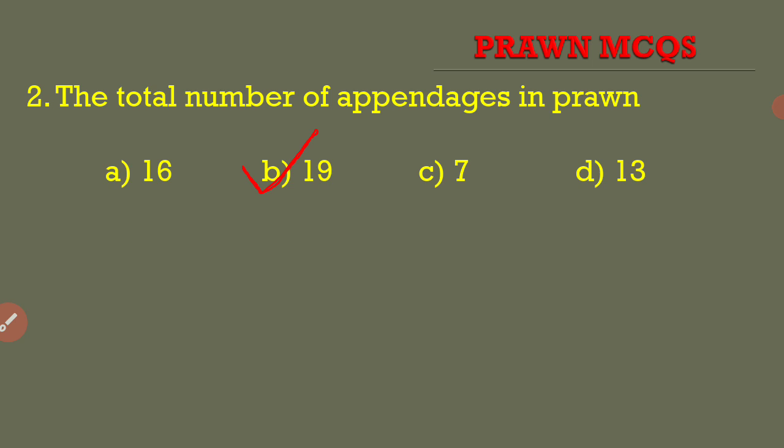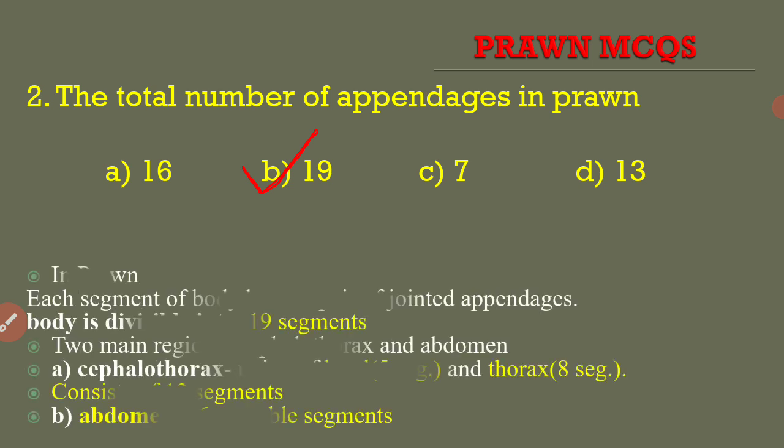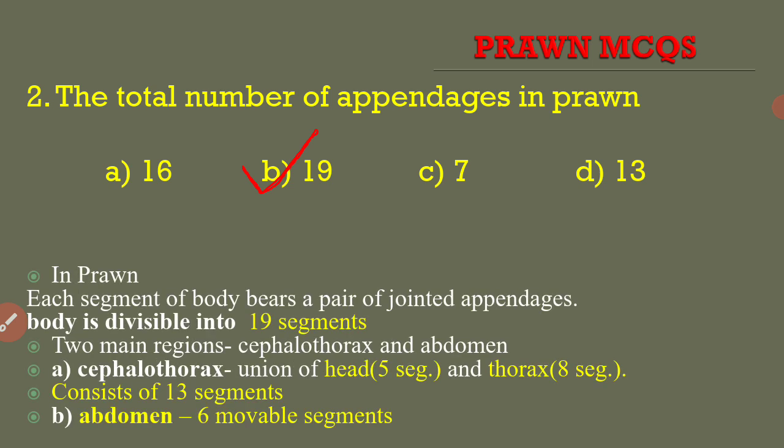There are 19 pairs of appendages, because in prawn each segment of the body bears a pair of jointed appendages, and the body is divisible into 19 segments, so there are 19 appendages, one attached to each segment of the body.